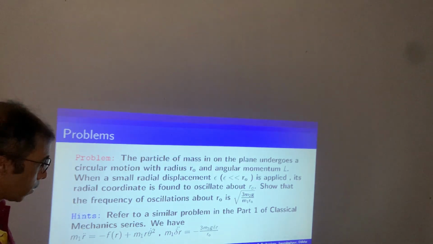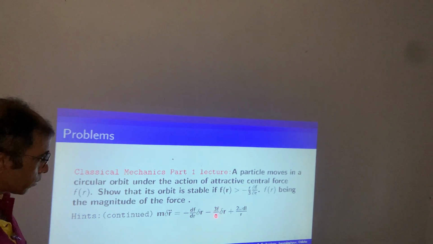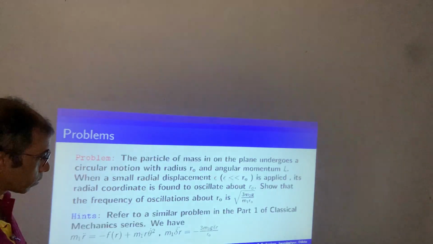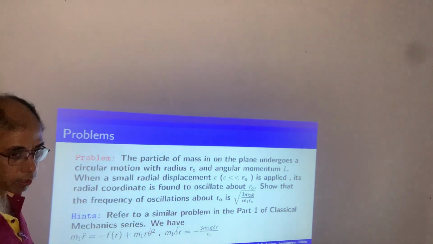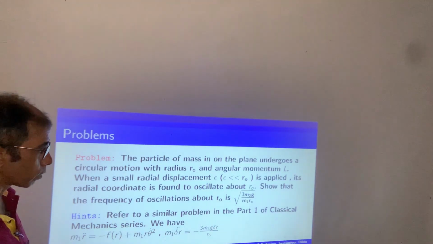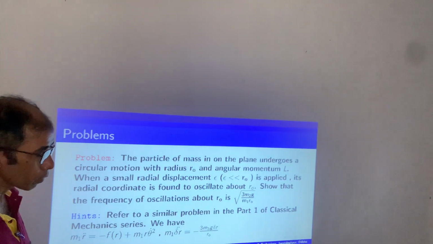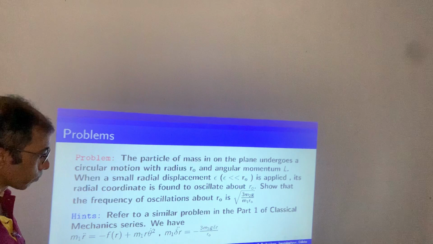So now m1 delta double dot is equal to minus 3F by r, F is mg. This is a simple harmonic motion kind of differential equation. From there we should be able to find out the frequency of oscillation. Okay.